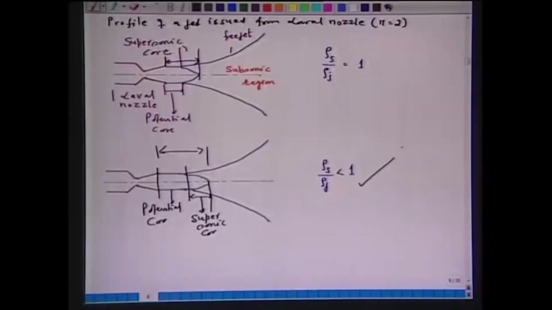As a result of the explanation which I have given you for rho s upon rho g less than 1, what will happen for that jet? That means, the potential core length of the jet will be much longer as compared to what I have shown in the earlier cases. This is what I illustrated in the next figure.